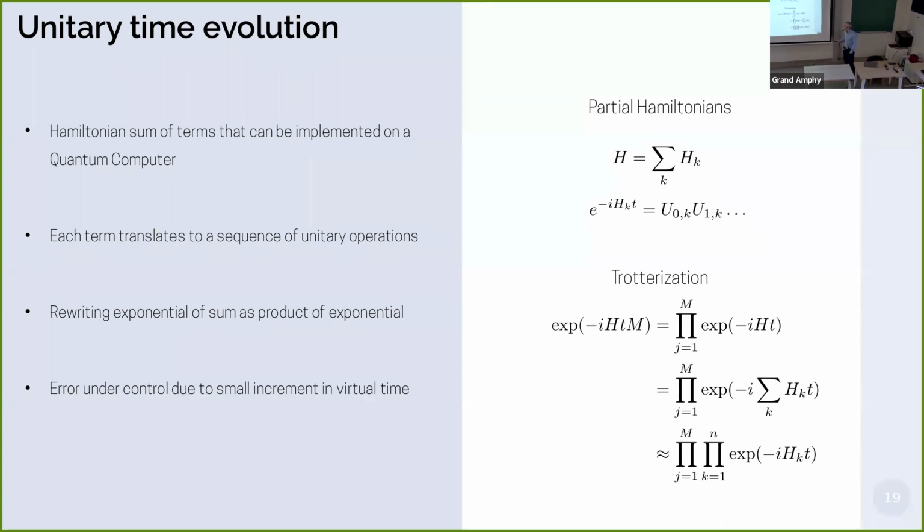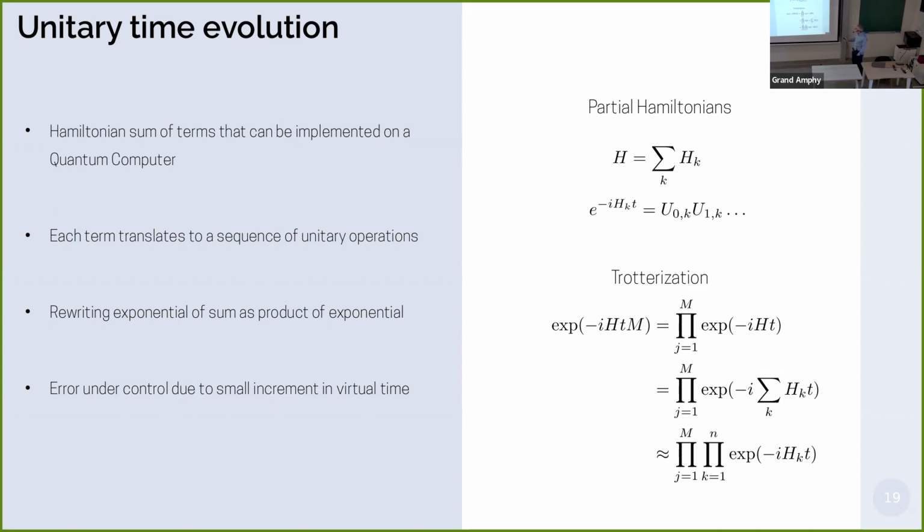Then you say you want a time evolution with small time steps t, and you want capital M of them. So you apply your time evolution operator capital M times. And a key point is that t is small.